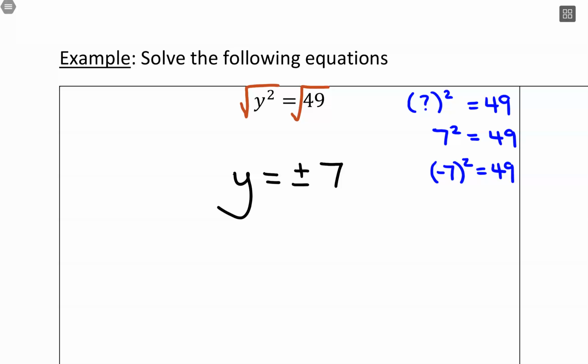And this notation helps us summarize it into just a single equation, but you could think of this as two separate answers. y is positive 7, y is negative 7. And in terms of checking our answer, that's what I just showed over there. So what I like to emphasize is anytime you take the square root of both sides, write that plus or minus. Don't forget it, because if you do, it'll leave out a possible solution.